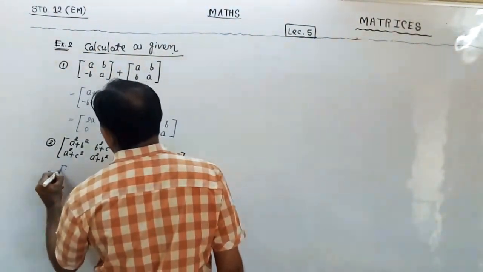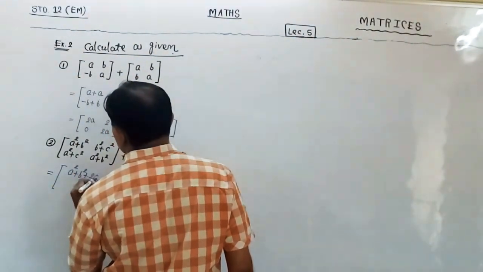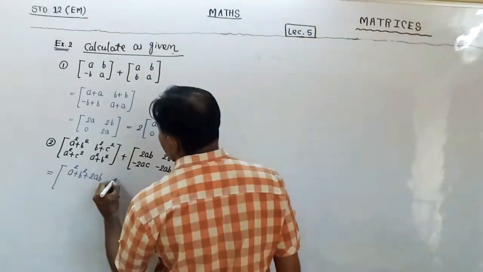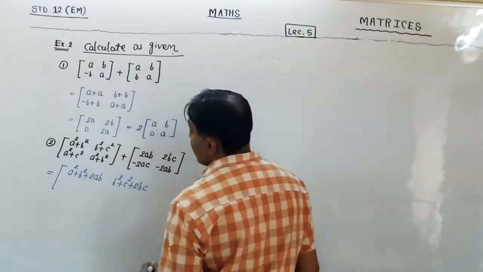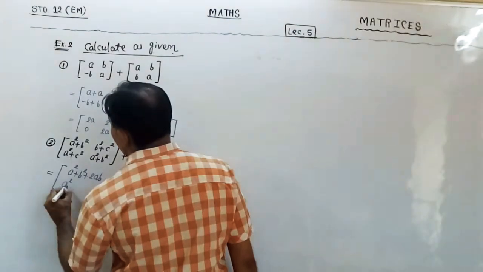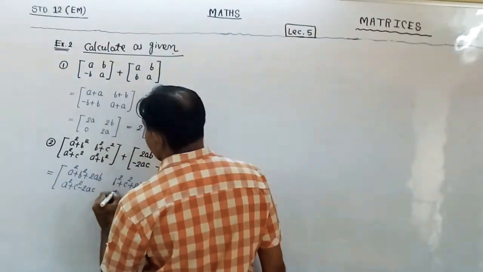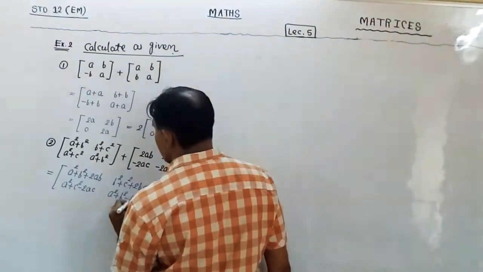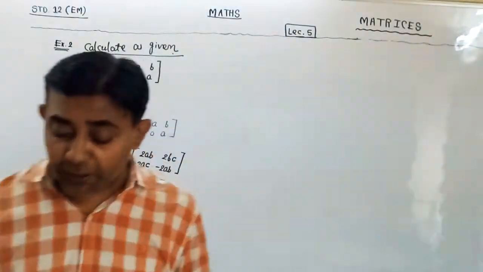This is now A square plus B square plus 2AB. Then after here also B square plus C square plus 2BC. And see here, this is A square plus C square minus 2AC. And A square plus B square minus 2AB. My dear friends, what do you think? This is perfect square.